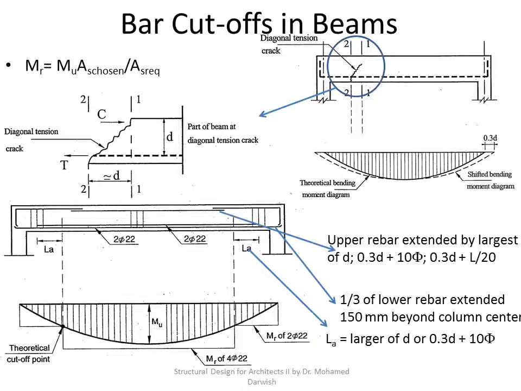The upper rebar should be extended by the largest of D, or 0.3 D plus 10 phi, or 0.3 D plus L over 20. These are the rules stated by the code here.